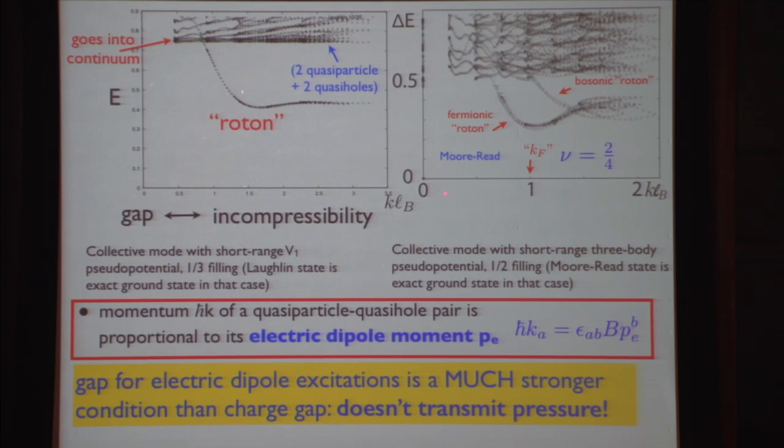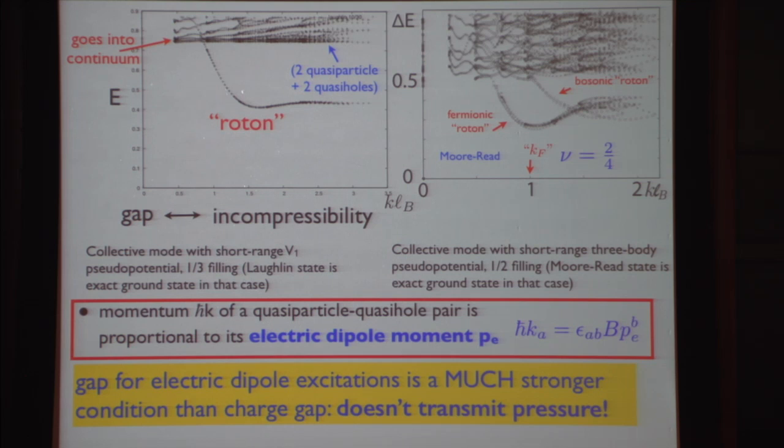You can see there's a gap for any state that carries a momentum which breaks inversion symmetry. So there's a gap for any state which is not inversion symmetric. In some sense, that's the more fundamental gap of these systems rather than a gap for charge excitations. It's a gap for dipole carrying excitations.